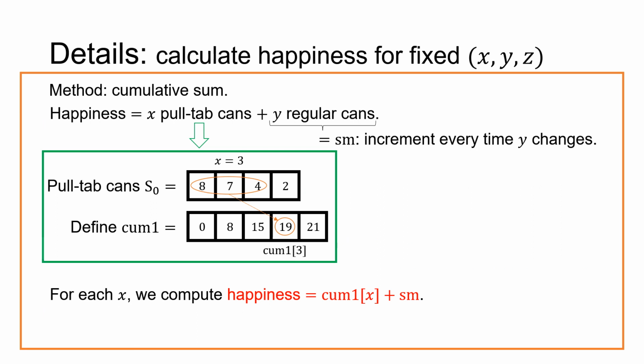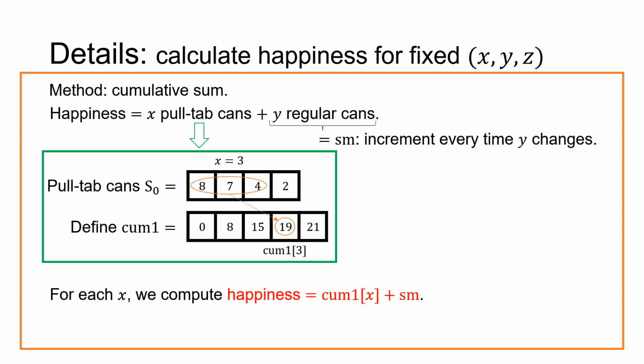Finally, I will explain how to calculate happiness for the fixed x, y, z. We again use cumulative sum. The total happiness is x portable cans plus y regular cans. So we should make a list named cum1 for calculating portable cans in advance.